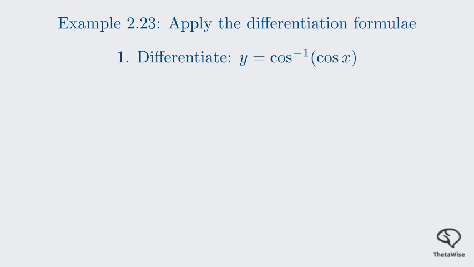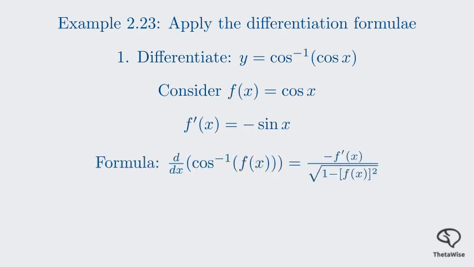Without simplification, we would use the chain rule with the cos inverse formula. Here, our inner function, f of x, is cos x. The derivative of our inner function, f prime of x, is negative sin x. Now we apply our general formula for cos inverse of f of x, which is negative f prime of x over the square root of 1 minus f of x squared.